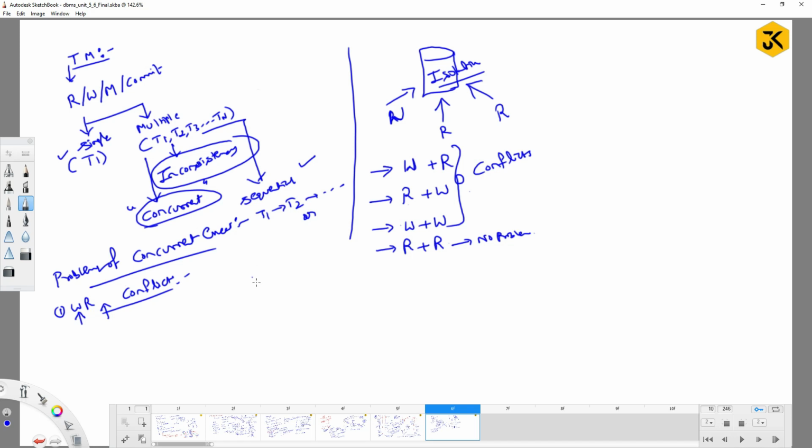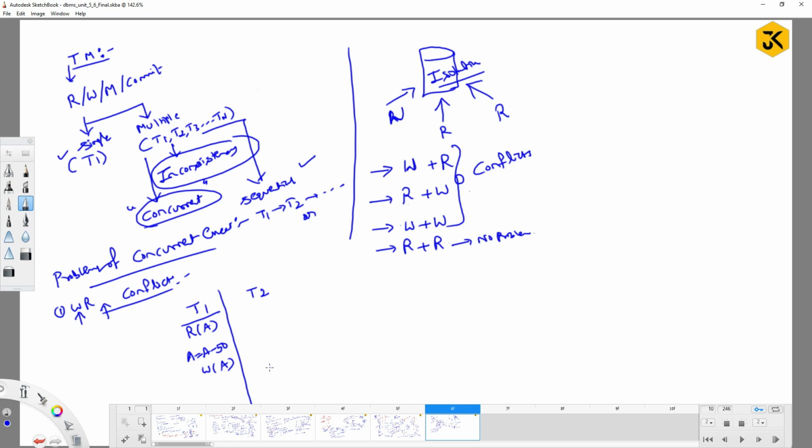For example, say we have transaction T1 and transaction T2. In T1, I perform a read of a variable, then an operation a = a - 50, and update it with write of a.